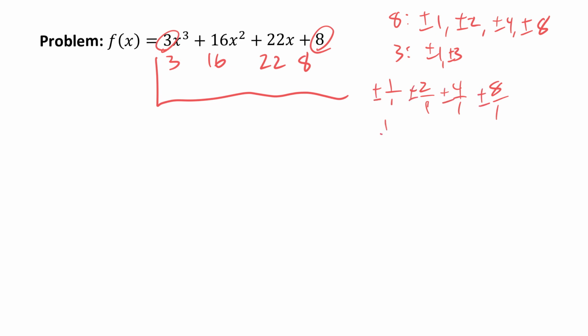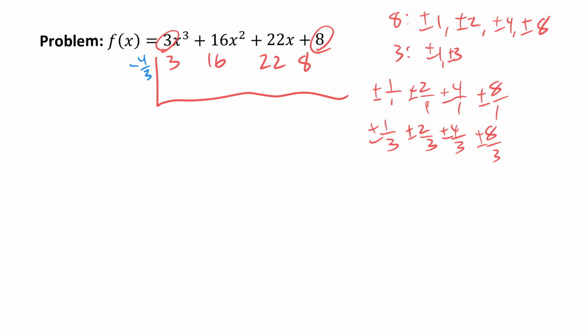And 1 over 3, 2 over 3, 4 over 3, 8 over 3. So we can see a total of 16 options there to try. The one you want to try is negative 4 over 3.